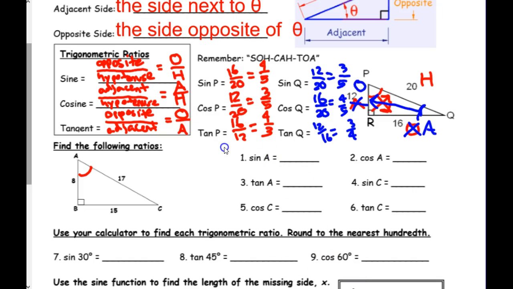Starting at angle A, here's my O. Across from 90 is my H. Leftover is A. If you can do that, the next part's not too bad. What's that weird thing that we need to remember when you look at this picture? Sohcahtoa.